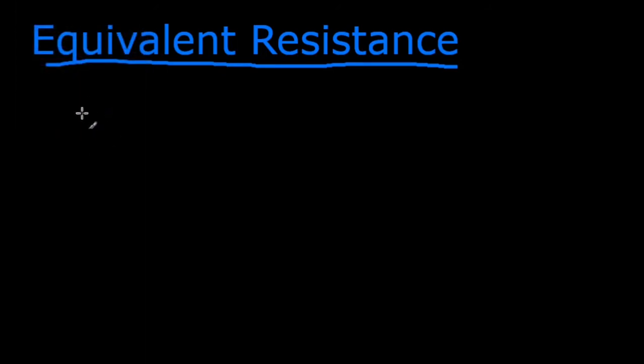The idea is, if you have some resistor combination, it might be anything. It might be a very large resistor combination. It might be a really simple one. But anyways, you have some combination of resistors.